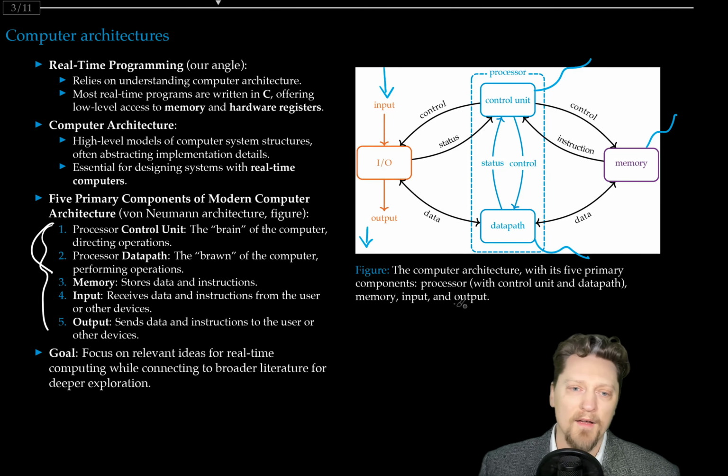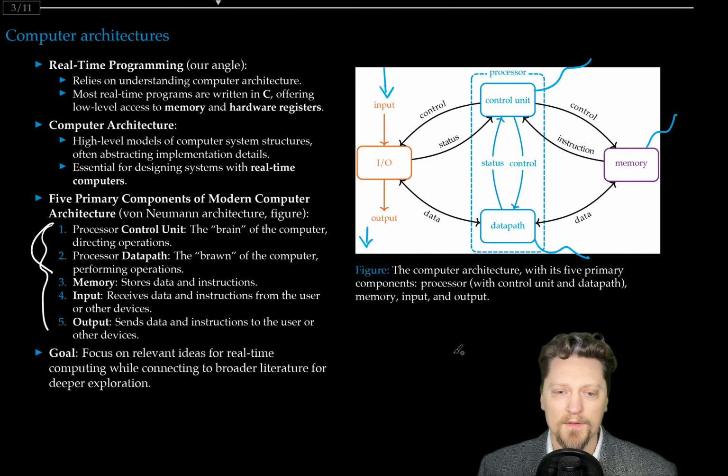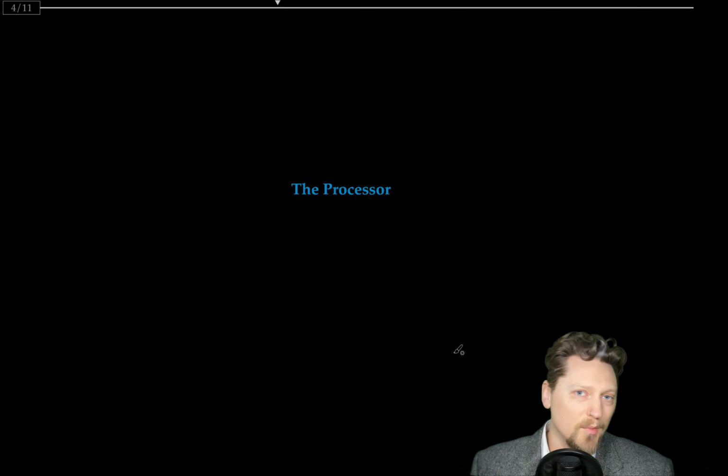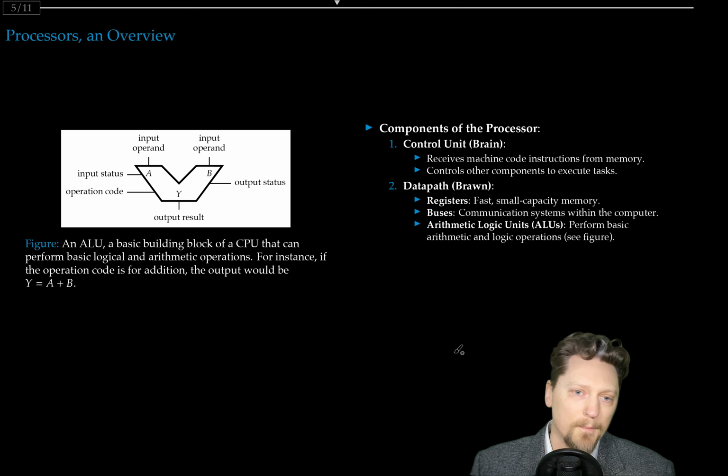Those are the 5 primary components. So our goal is to focus on relevant ideas for real-time computing while connecting to the broader literature for deeper exploration if you want to dig in further into any of these topics. So we're going to dig a little bit deeper into the processor, memory, input, and output.